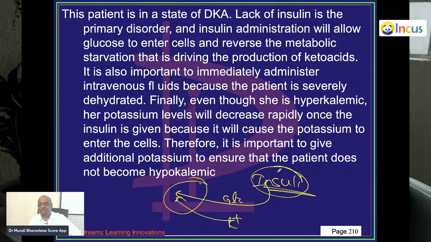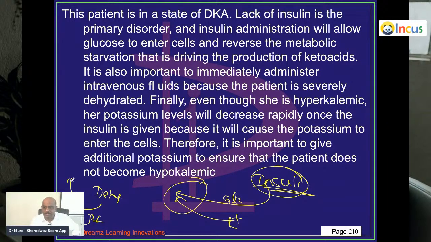That is the role of insulin. But a patient of DKA doesn't have insulin. And he is dehydrated. If you are dehydrated, what will happen? Decreased renal plasma flow. You don't have plasma volume, no? If you are dehydrated, it decreases the renal plasma flow.